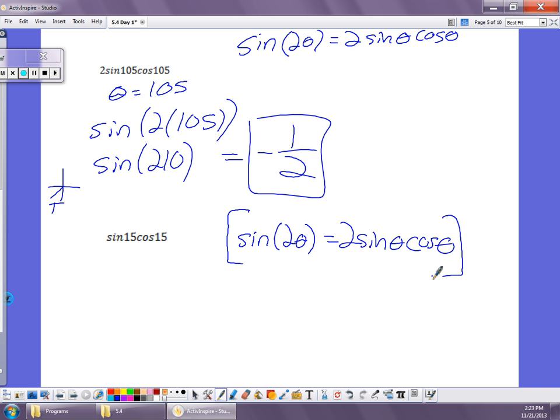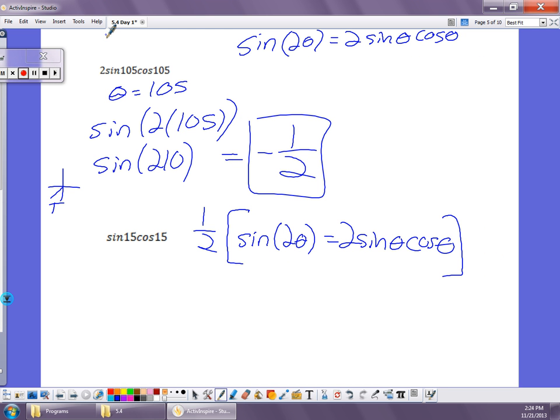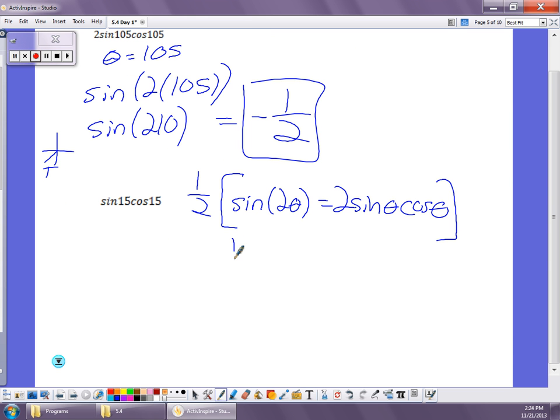Here we have a 2, here we do not. So an easy way to get rid of that is to multiply by 1/2. If we multiply by 1/2, we'll end up with 1/2 sine of 2 theta equals sine theta cosine theta.